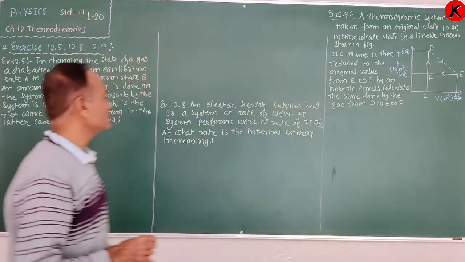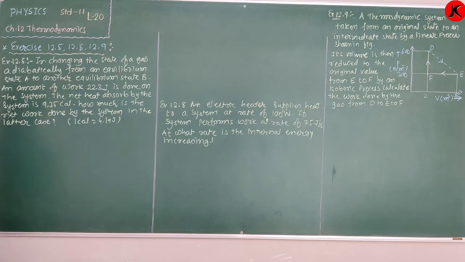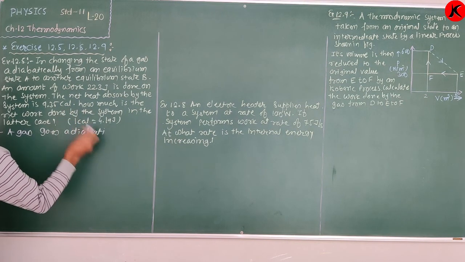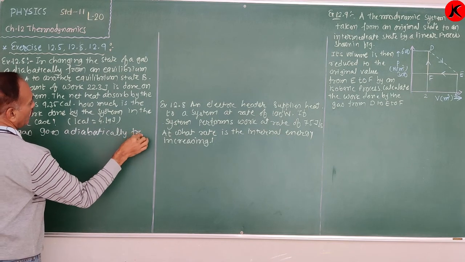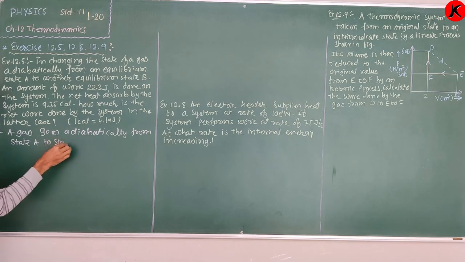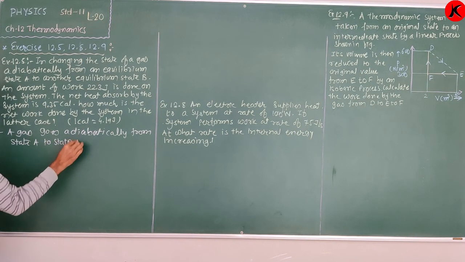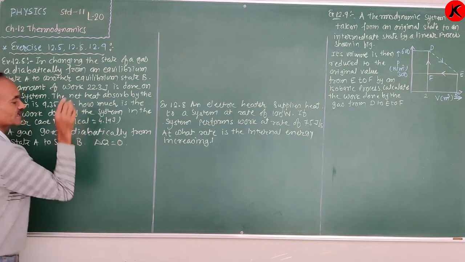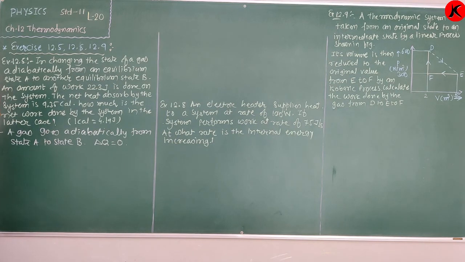For that purpose, here a gas goes adiabatically from state A to state B. So here the adiabatic process takes place, therefore the amount of heat absorbed is equal to 0, and work is done on the gas.